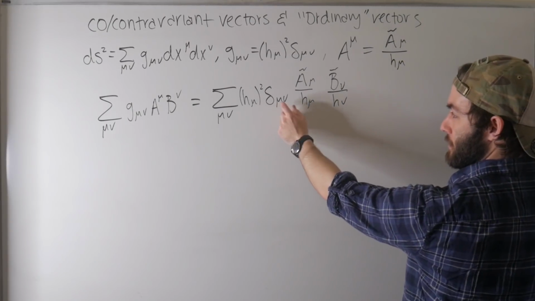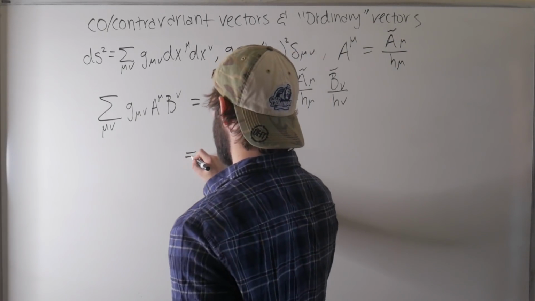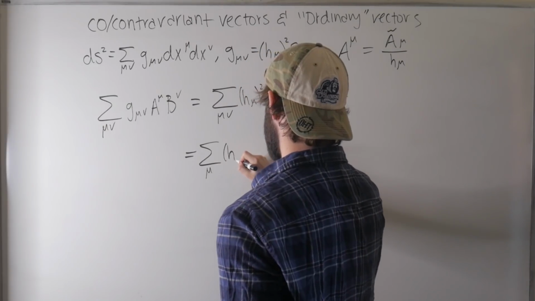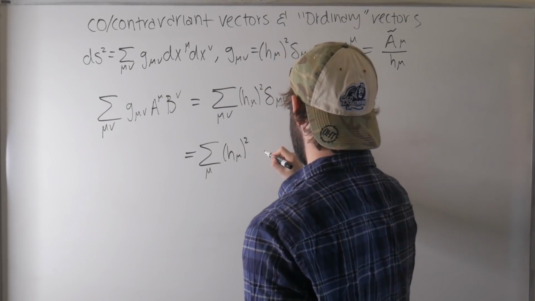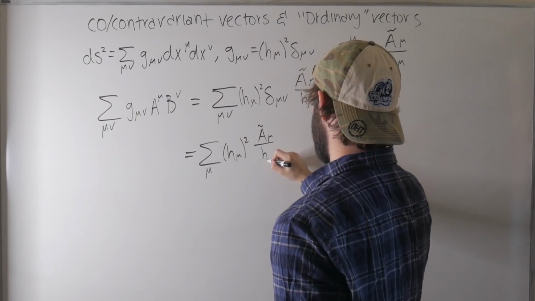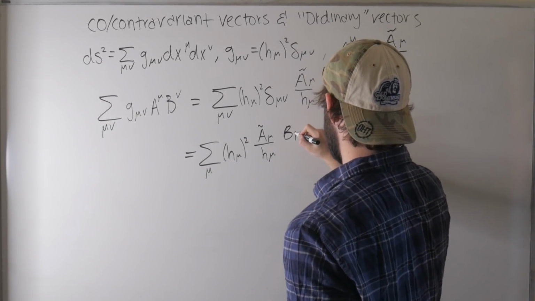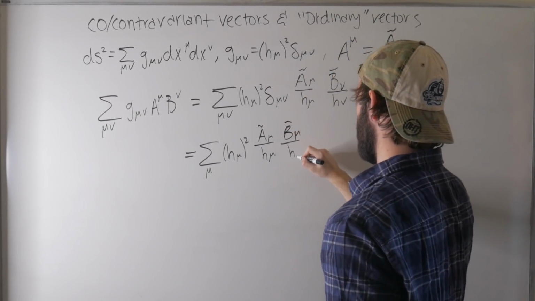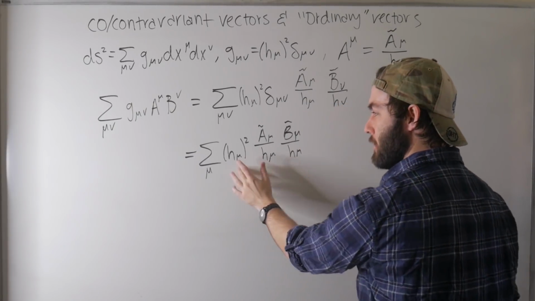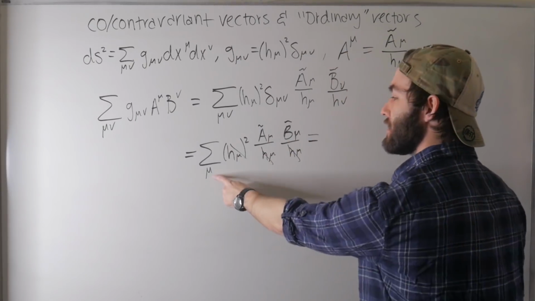This Kronecker delta is going to change the nu index to a mu, so really we just get a summation over mu of h mu squared, A tilde mu over h mu, B tilde mu over h mu. So this just changed the index on the B, and then these h mu's cancel, and we sum over mu.